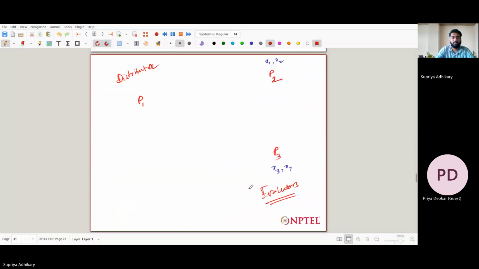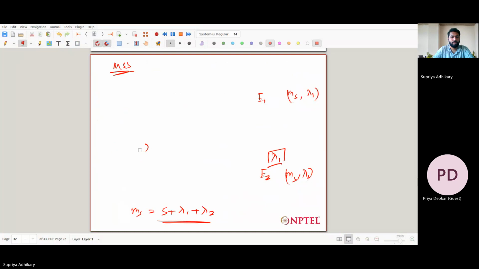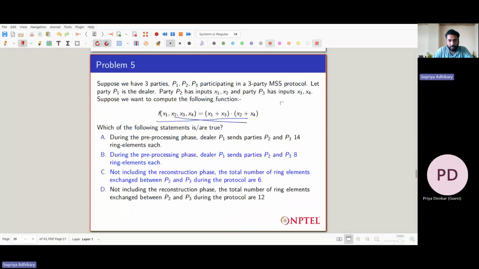In MSS sharing, we just use an asymmetric way to compute the shares for D, E1 and E2. So the task is easy for us because P1 is the dealer, or rather we can call it a distributor, and P2 and P3 have the inputs X1, X2 and X3, X4.